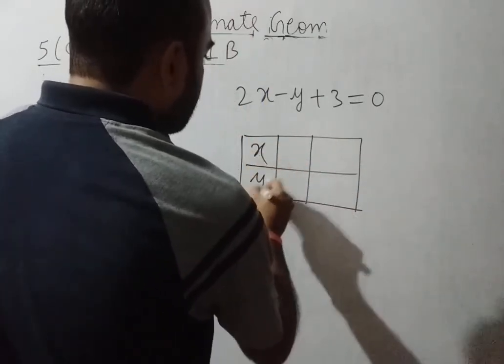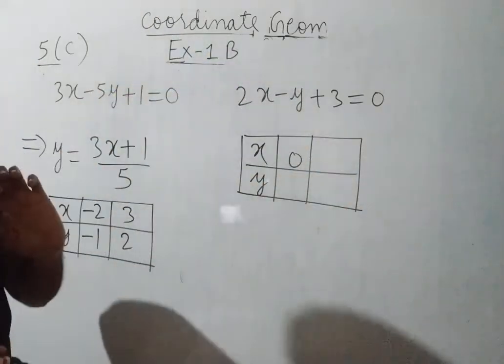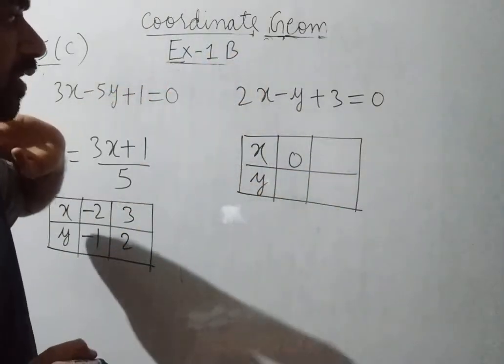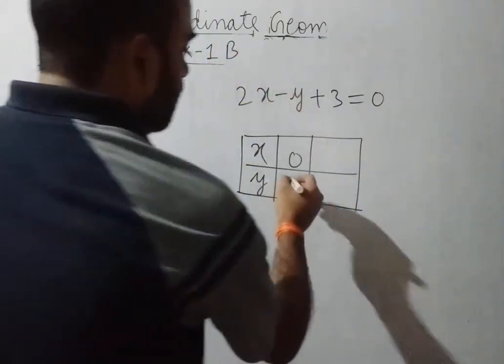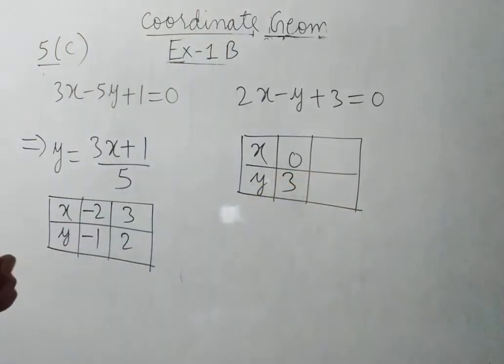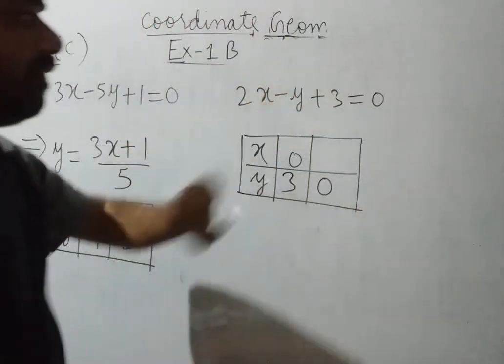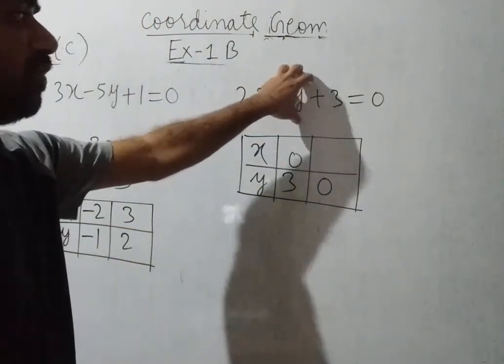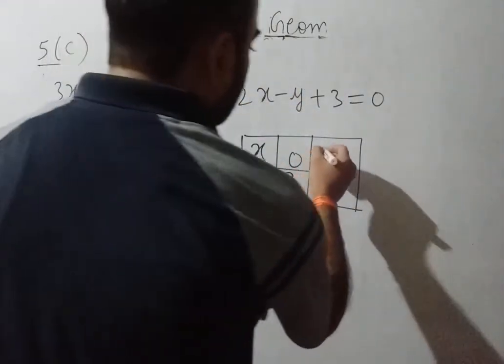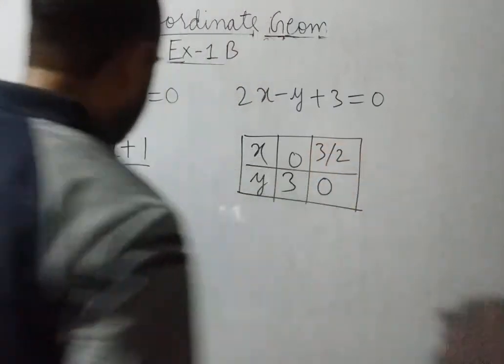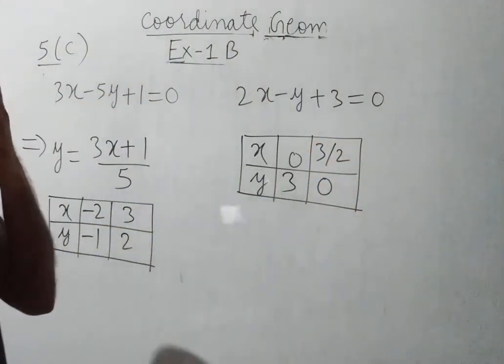Now if x is 0, what will come? x 0 means y will be 3. Clear? And if y is 0, x will be 3 by 2. Correct? Or we can find other values also.